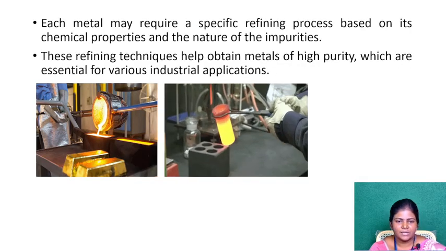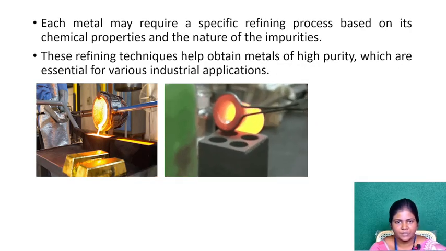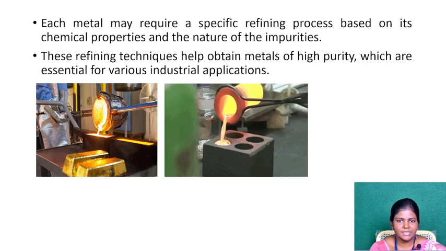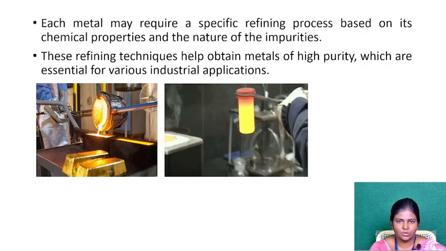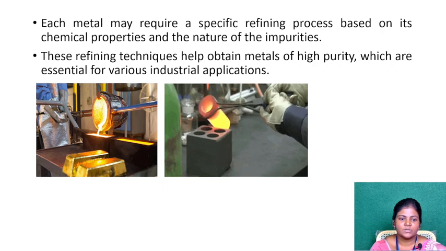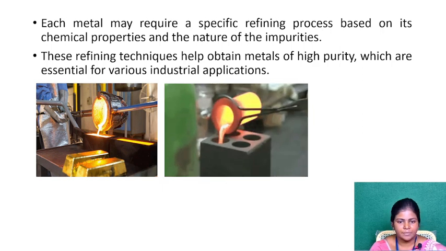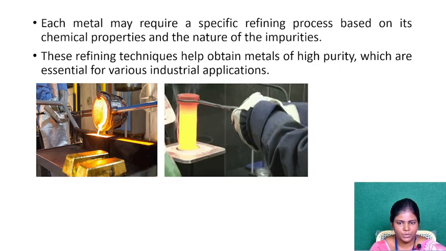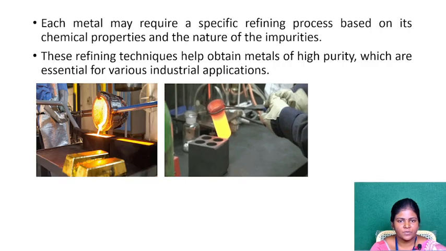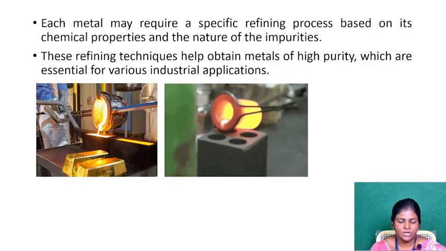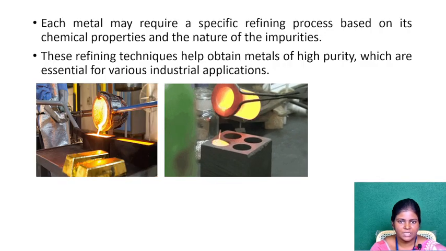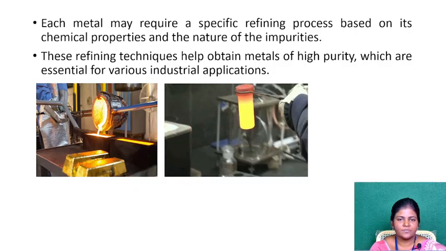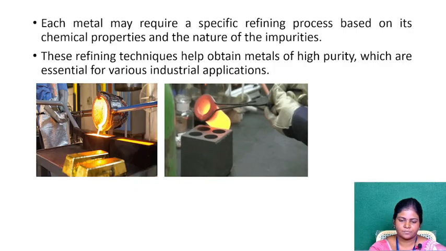Each metal may require a specific refining process based on its chemical properties and the nature of the impurities present. These refining techniques help to obtain metals of high purity, which are essential for various industrial applications. Whenever a metal is used in industrial application, it should be very well refined.